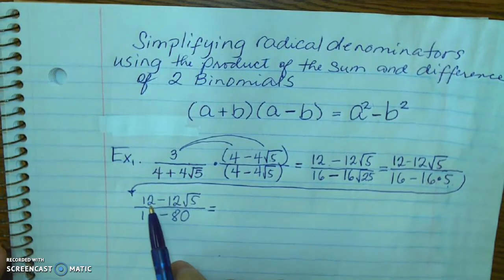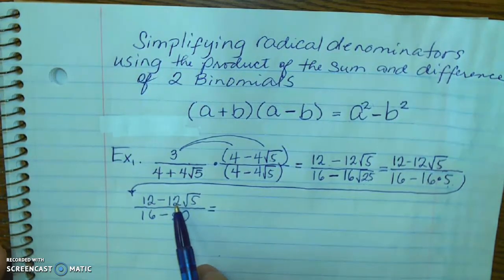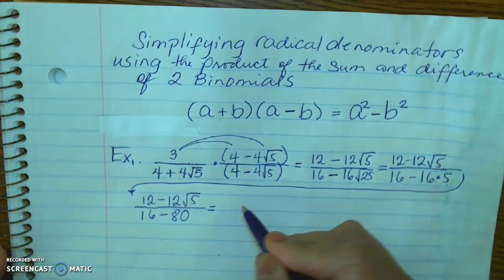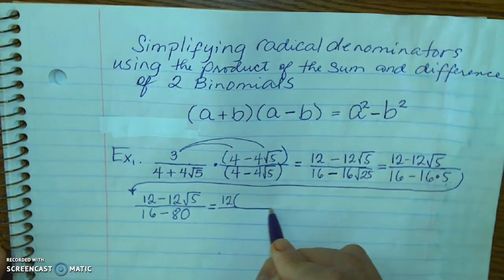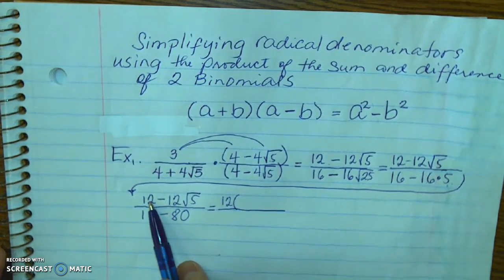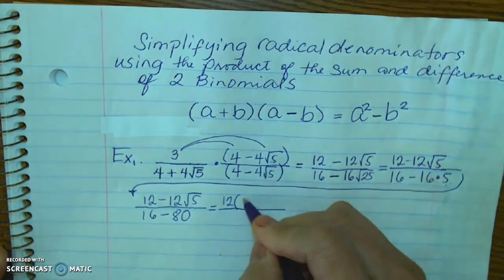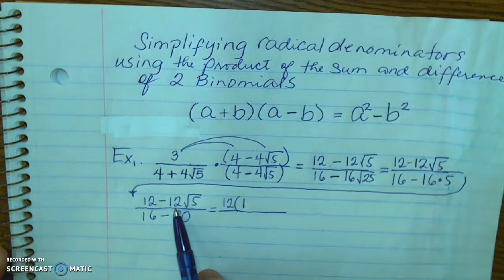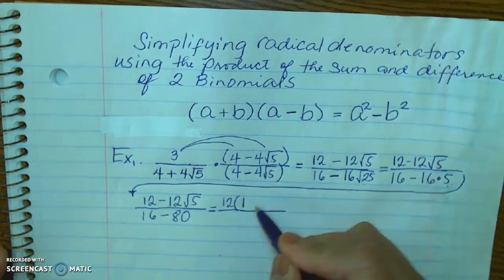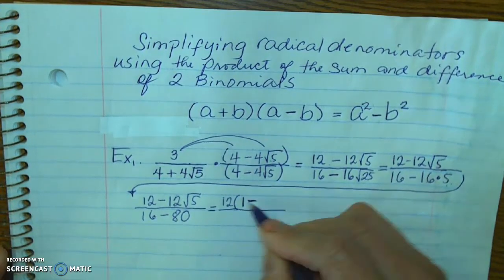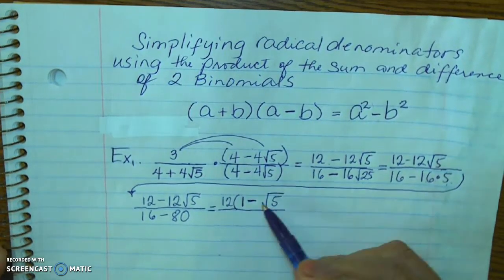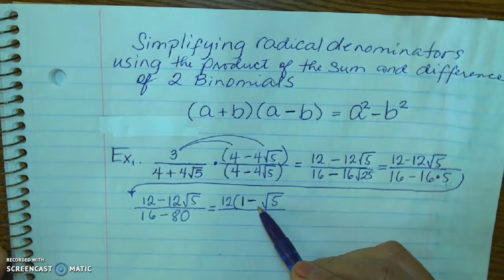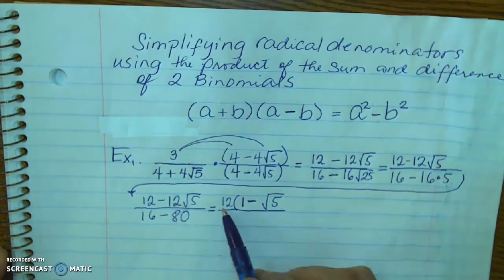The greatest common factor of 12 and negative 12 square root of 5 is 12, so I'm going to factor it out and put it outside. 12 divided by 12 is going to be a 1. I'm going to factor out the 12, so that's a minus, but it will now just be a square root of 5. Why? Because there's a 1 in the front, and I factored out my negative 12 and put it outside.